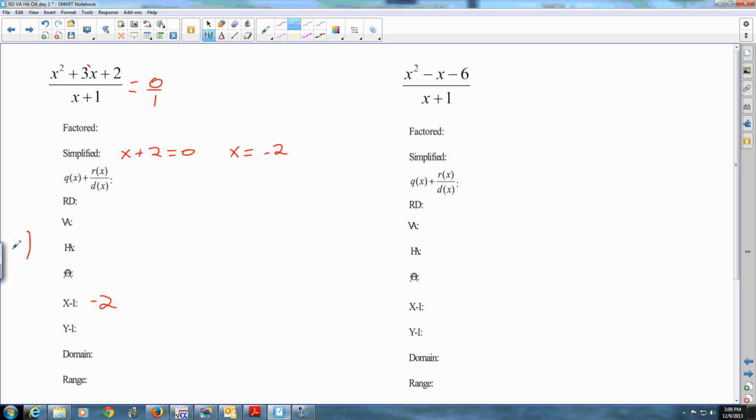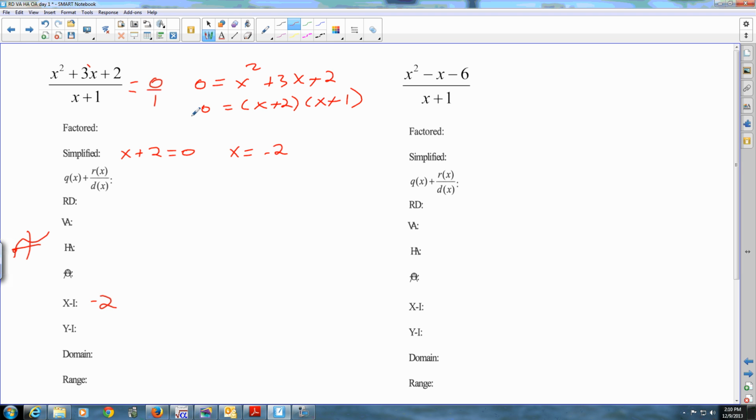Go back to this. You set this thing equal to 0 because your y value would be 0. You could do it here, okay? Cross multiply, 0 equals x squared plus 3x plus 2. But remember, this thing factored into x plus 2, x plus 1.